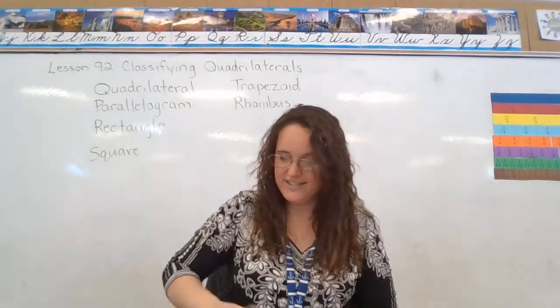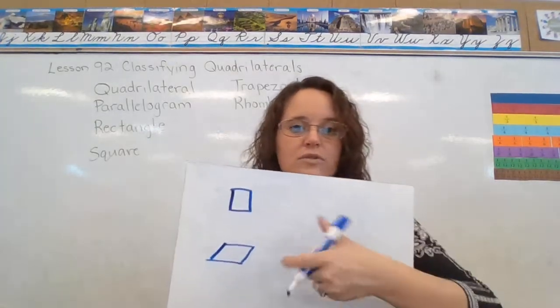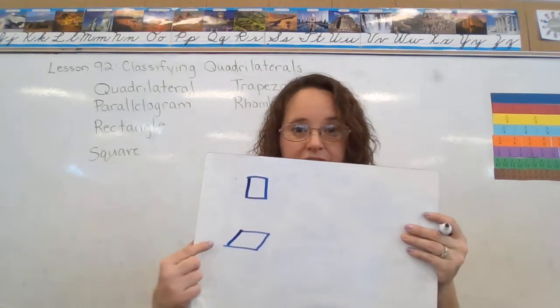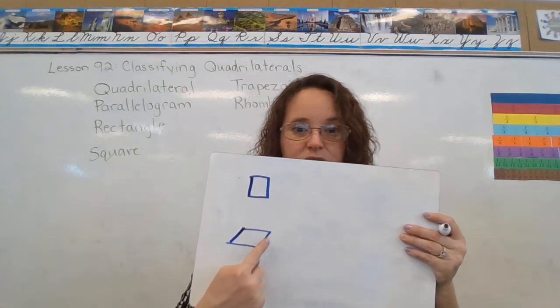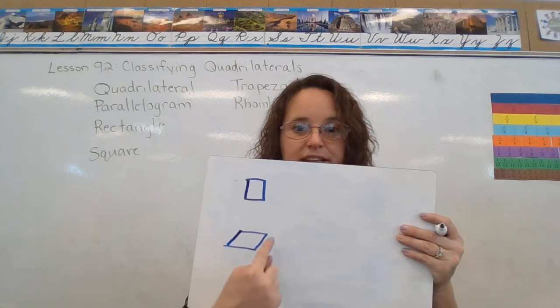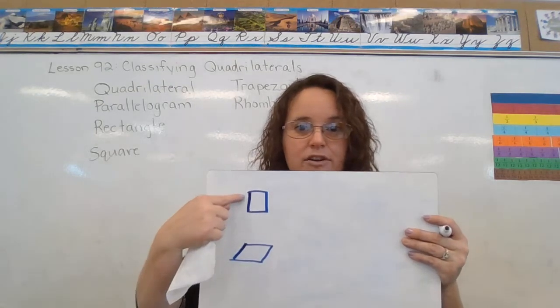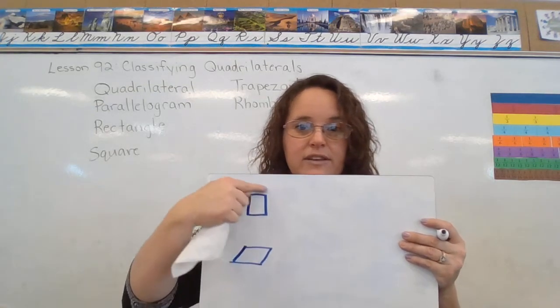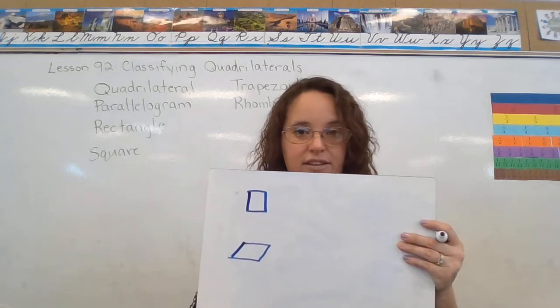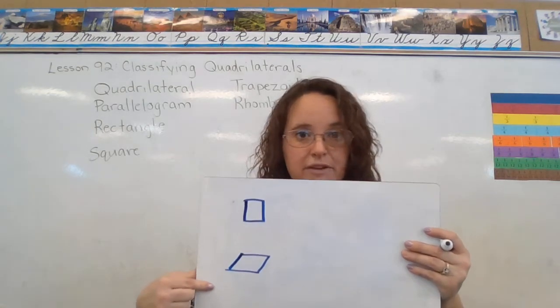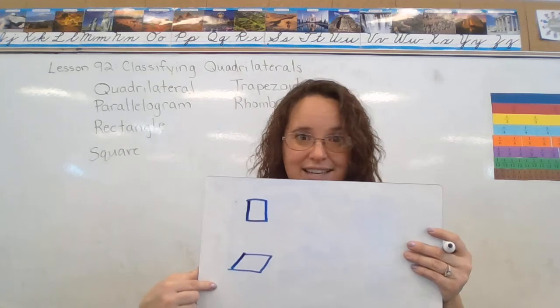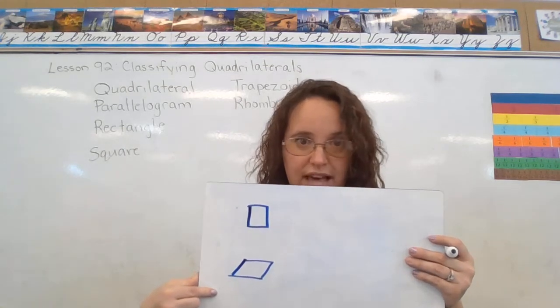This one is not. Those opposite sides were not parallel, but here they are. This is parallel to this, and this is parallel to this, and then here, parallel, parallel, parallel, parallel. So these are both parallelograms, and they're both quadrilaterals.